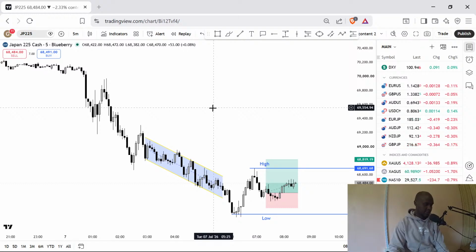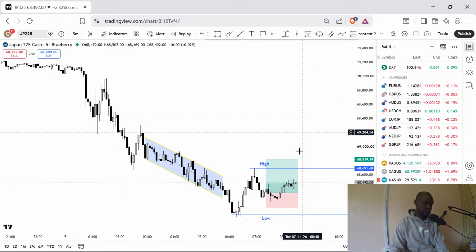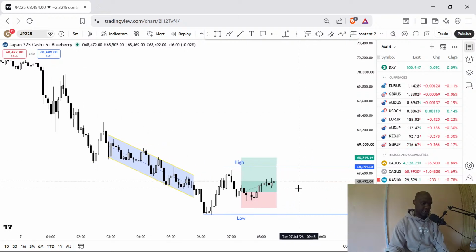Now, as I was saying, I'm waiting to see if we can get continuation of momentum to the upside. I have this open trade on the JP225, or what some may refer to as the Nikkei.